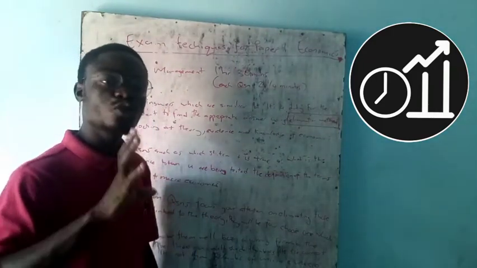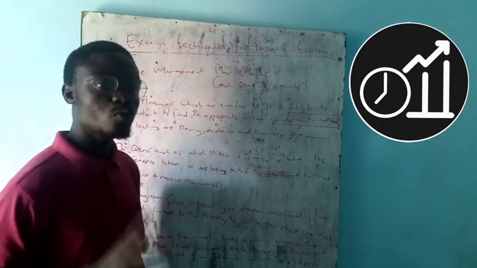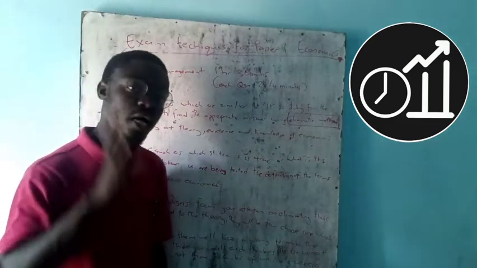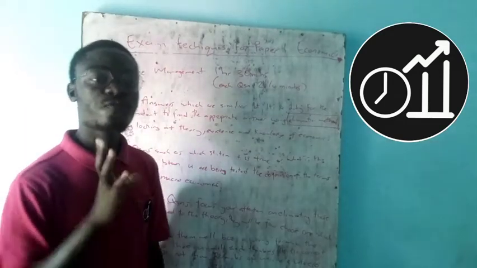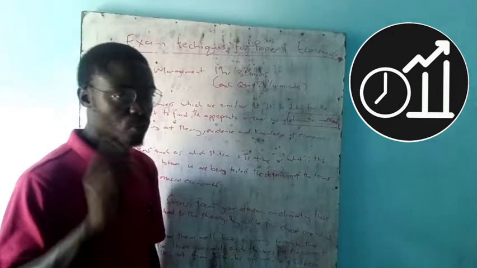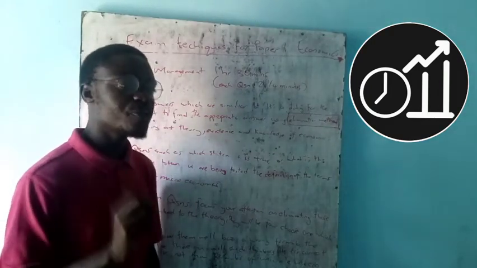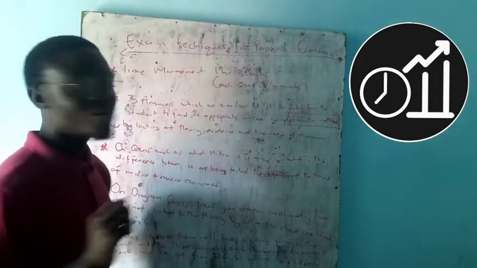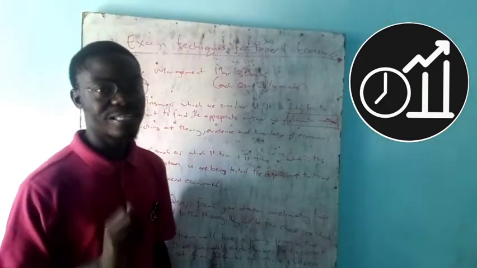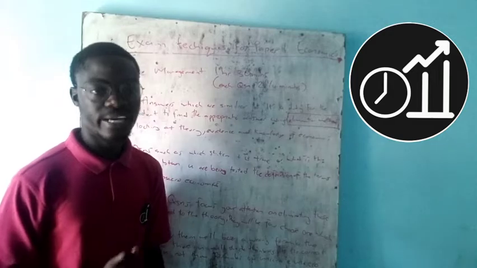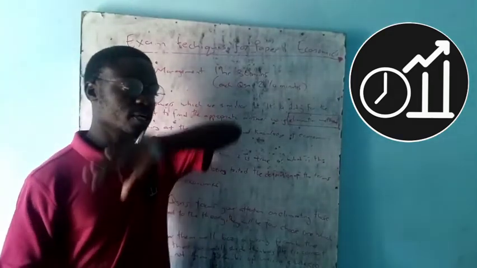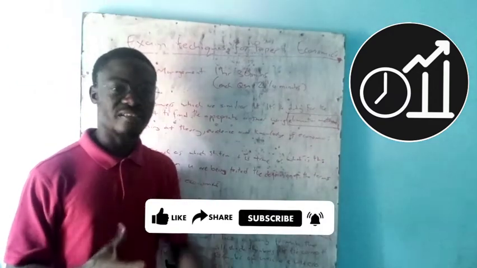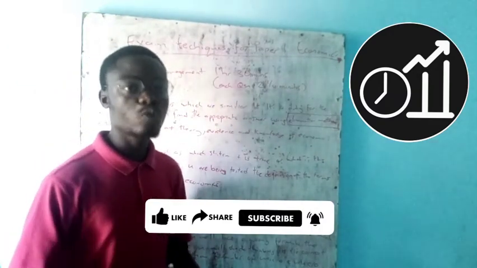Each question requires 2.25 minutes, 2 minutes and a quarter, so that you can finish the paper in time and also revisit other questions that you didn't understand. You can do that once you understand time management. It's very crucial in paper 1.